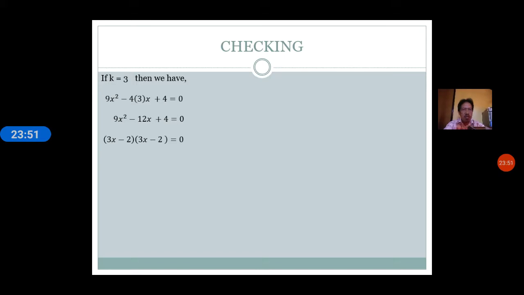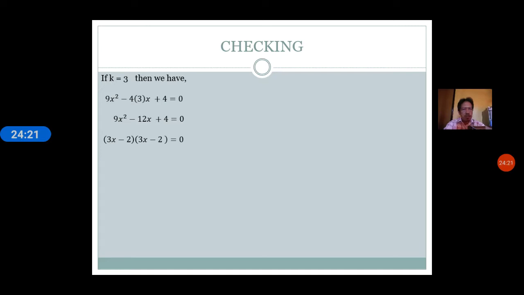To check whether the given quadratic equation is a perfect square trinomial, we have to get the square root of the first and the last term. The square root of 9x squared is 3x, and the last term is 4, and the square root of 4 is 2.